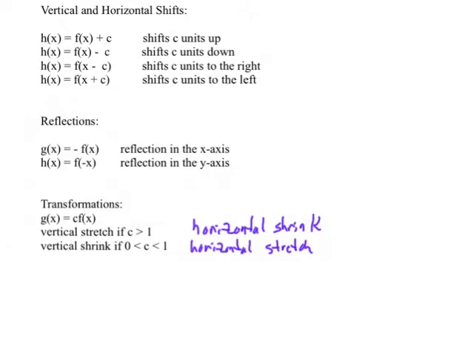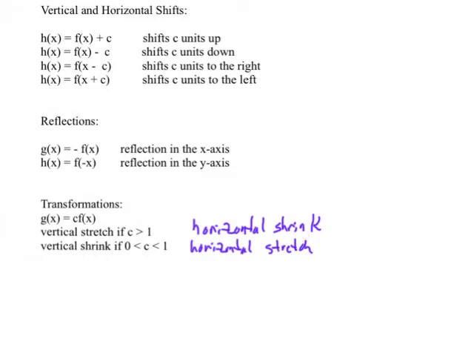Well, the non-rigid transformation, if I multiply my function by any c value, that's going to change it. So it's going to either vertically stretch it or vertically shrink it. Now, it stretches it vertically the larger my c value becomes, above 1. And when my c value is between 0 and 1, it vertically shrinks it. Now, I did put a little example here that notice vertically stretch is the same as horizontally shrink.